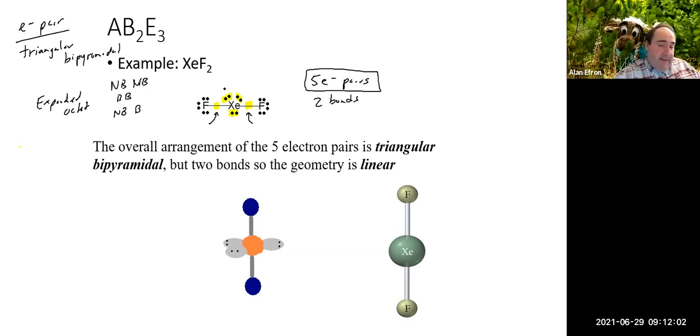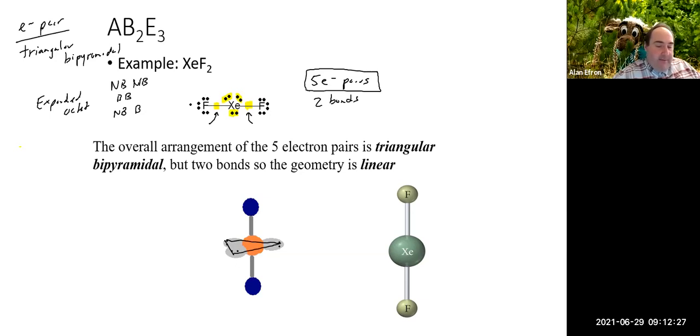And in this case, because we are missing 3 actual bonds in a traditional triangular bipyramidal molecular geometry, it gives these guys a lot of room to move around. And what ends up happening is these non-bonding electrons really don't want to be near each other. They start to move out in a triangular pattern.